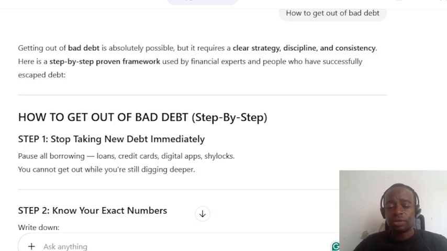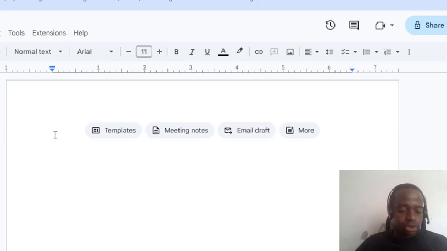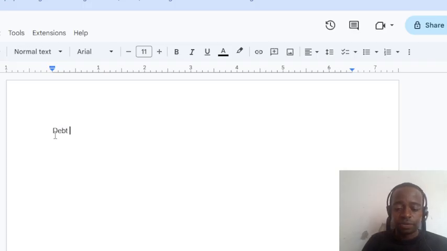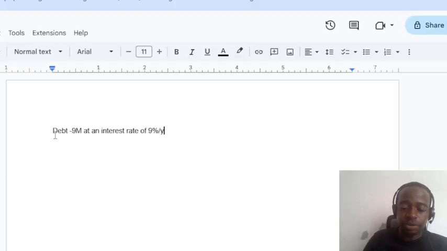All right. So let's say, for example, I'm using Microsoft Word. Let's say the debt is 9 million at an interest rate of 10% per year, which is something quite realistic, quite on the ground, and let's assume that you take 2 years to pay the debt.